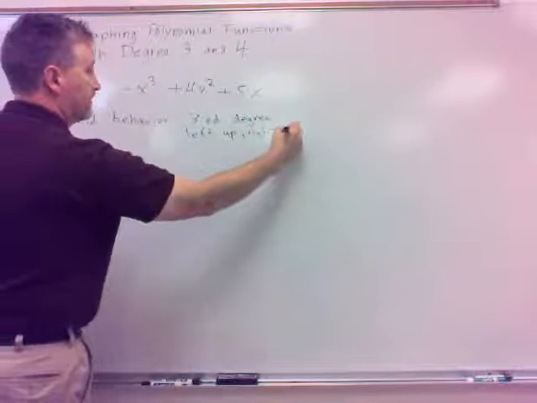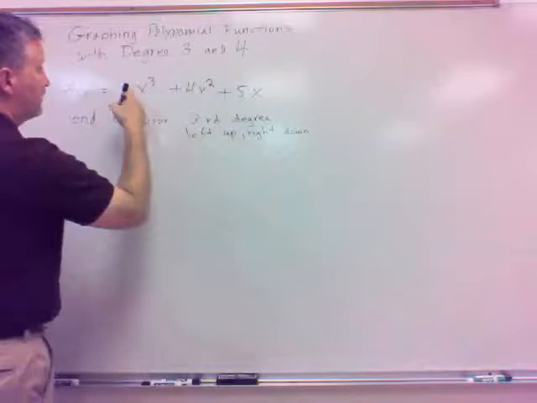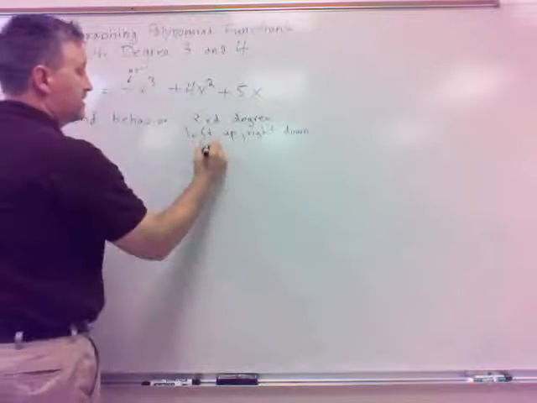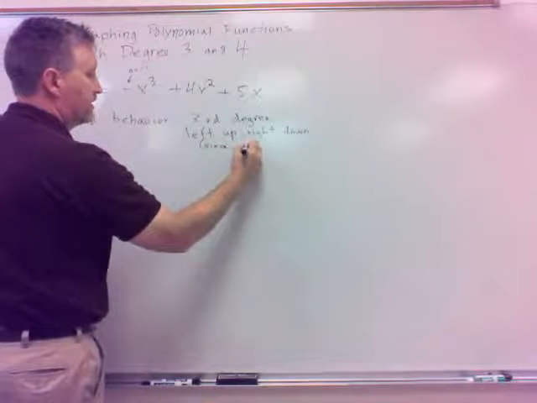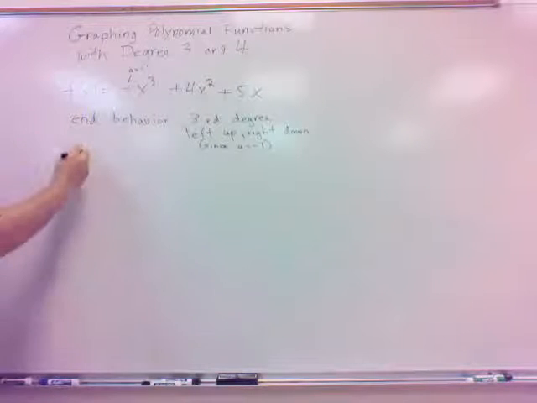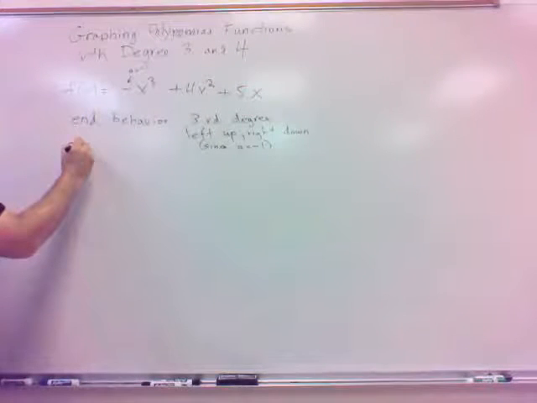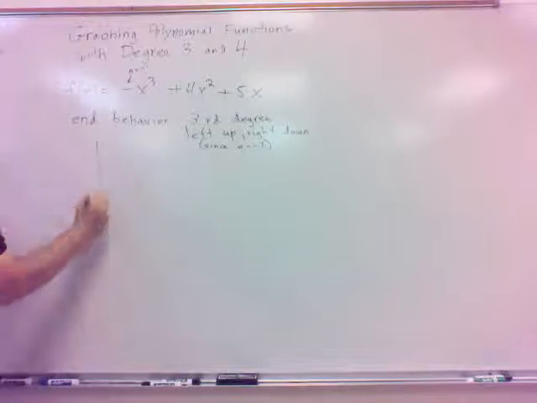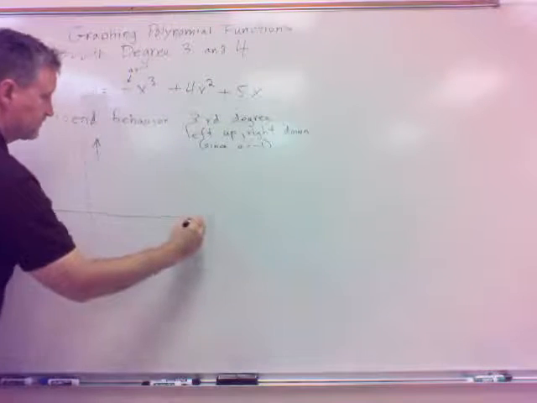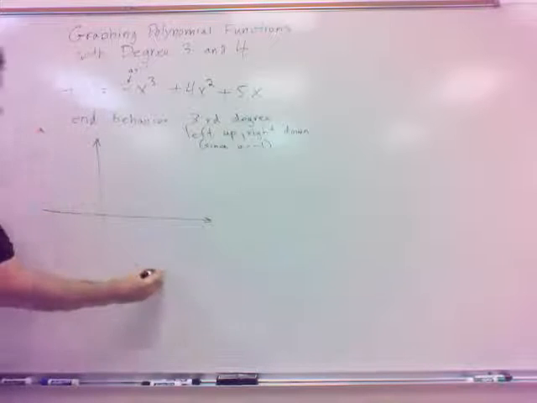Because the negative 1 right here, a is negative 1. And so since that a is negative 1, its left end is up. Put a graph right here. The left end is up, and then the right end is down.